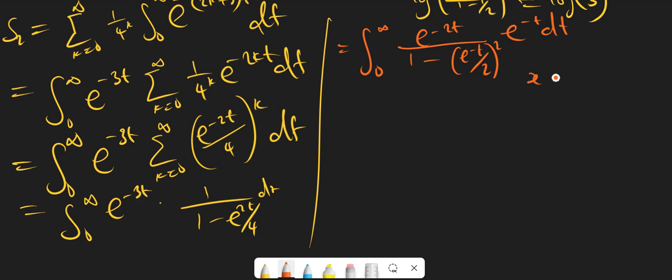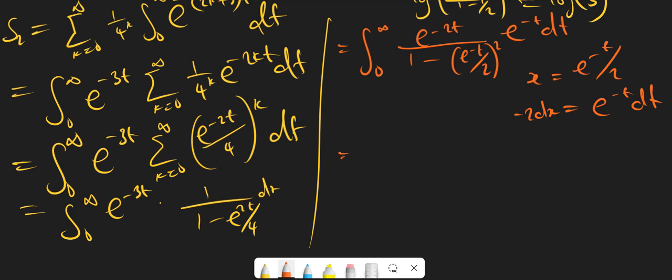Of course, we're going to take the substitution x to be e to the negative t over 2, and just like before, negative 2 dx would give us e to the negative t dt. And then the limit of integration is from half to 0.